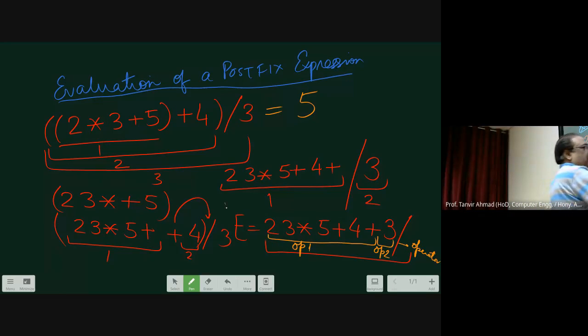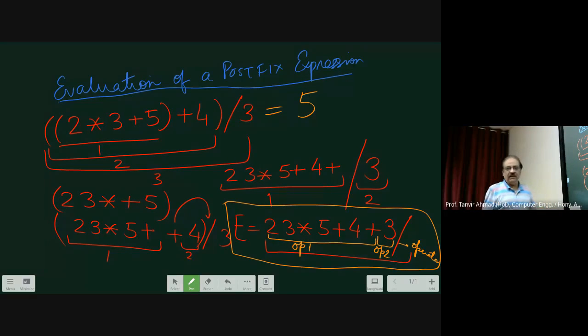And therefore, the operator precedence will be taken care of once I am converting from infix to postfix. Therefore, in this expression, there is no need to check that multiplication comes before plus or division comes before and so on. Therefore, it is precedence free plus it is a bracket free final expression.